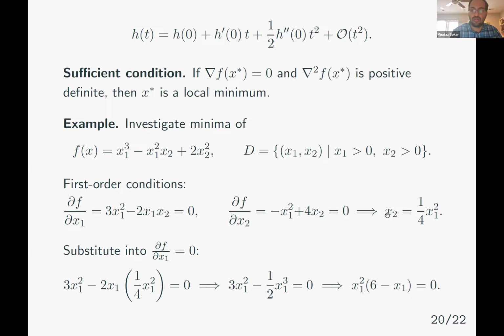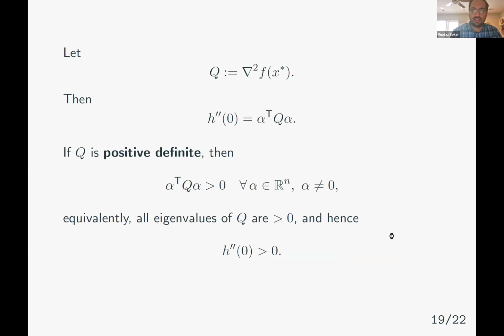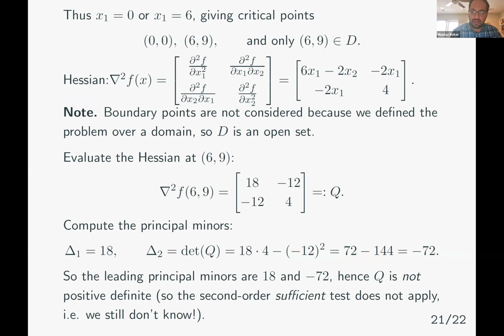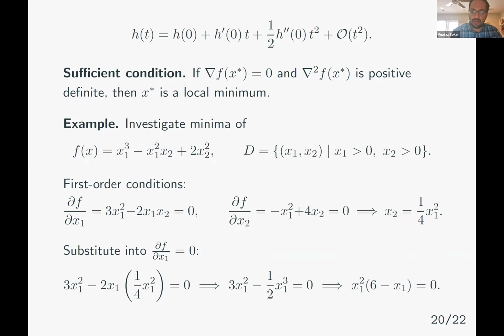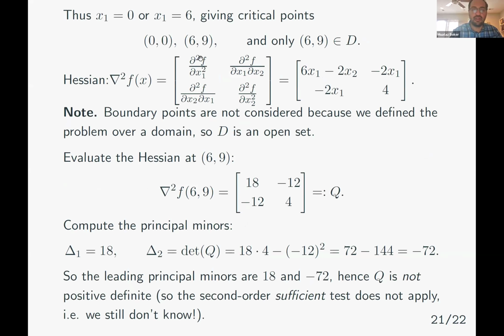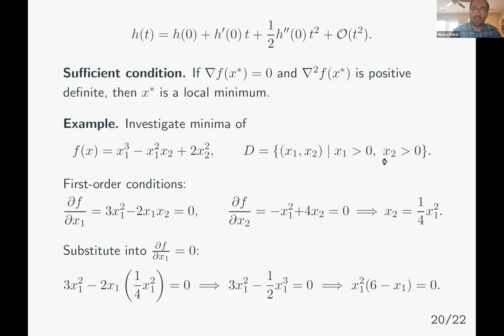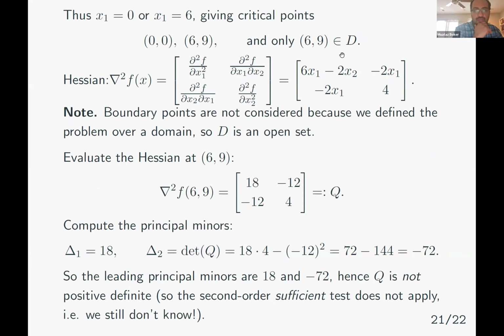When x1 is equal to 0, obviously x2 is equal to 0. And when x1 is equal to 6, you have 36 over 4, that is 9. So you have (6, 9) and (0, 0). Only (6, 9) belongs to the domain; (0, 0) does not.